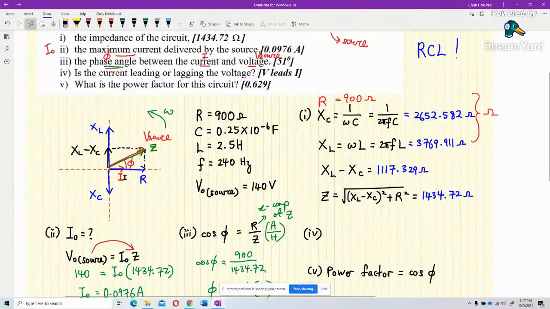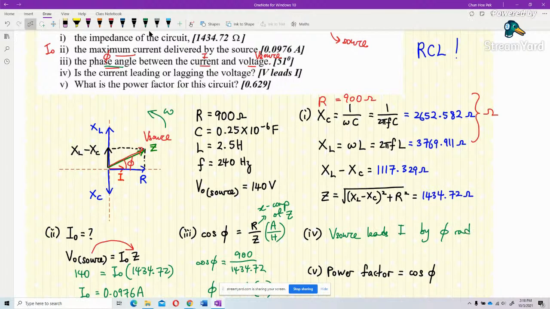So we just write V source leads current, because we know XL is bigger than XC. V source leads current by phi radian. That's how we write it.